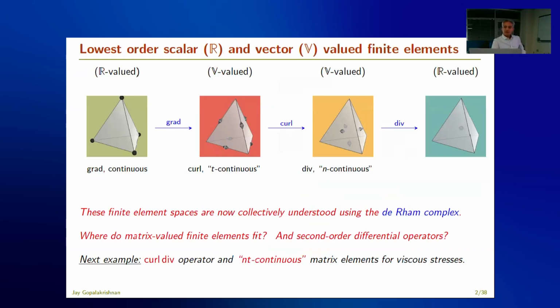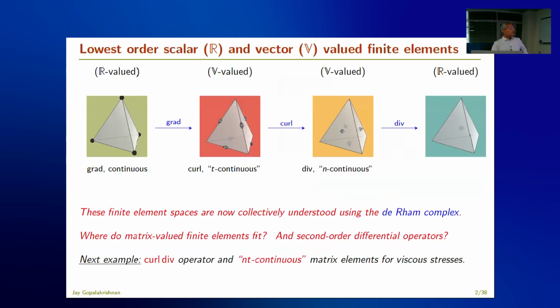So one of the interesting frontier questions is, where do we put matrix-valued finite elements into this picture? And by the end of the talk, I'll give you some frameworks in which these matrix-valued finite elements might potentially fit.